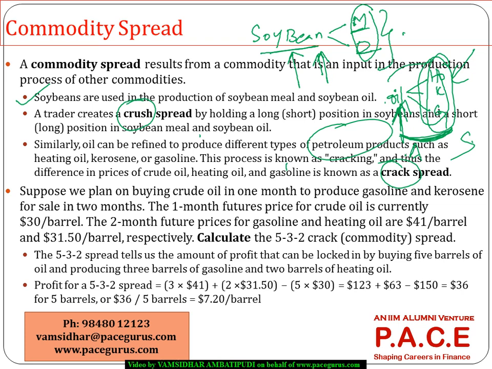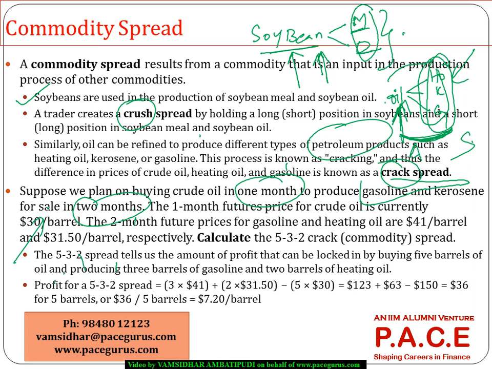So the numerical which we can typically look at becomes easier if you look at this example. We are planning to buy crude oil in 1 month, so we want the crude oil after 1 month. We use that crude oil to produce gasoline and kerosene, with a 1 month manufacturing process, so I want to sell that in 2 months from now. For that, I am entering into a long position on the crude oil.